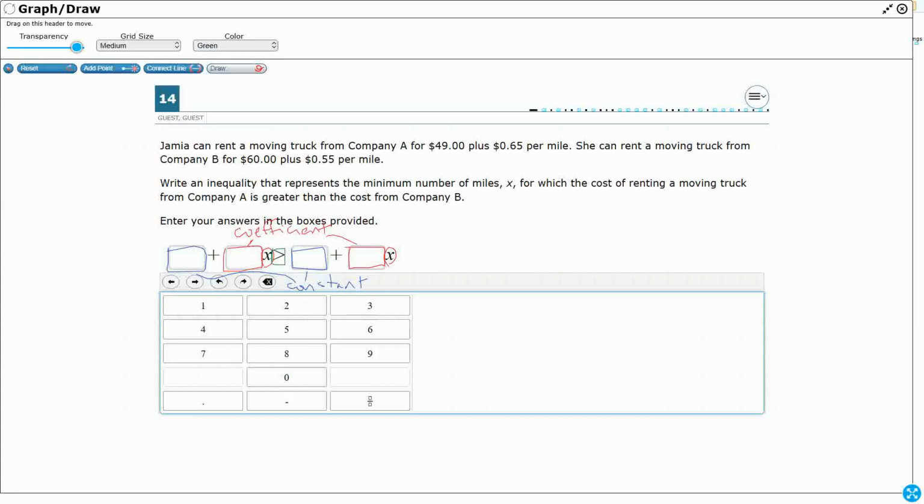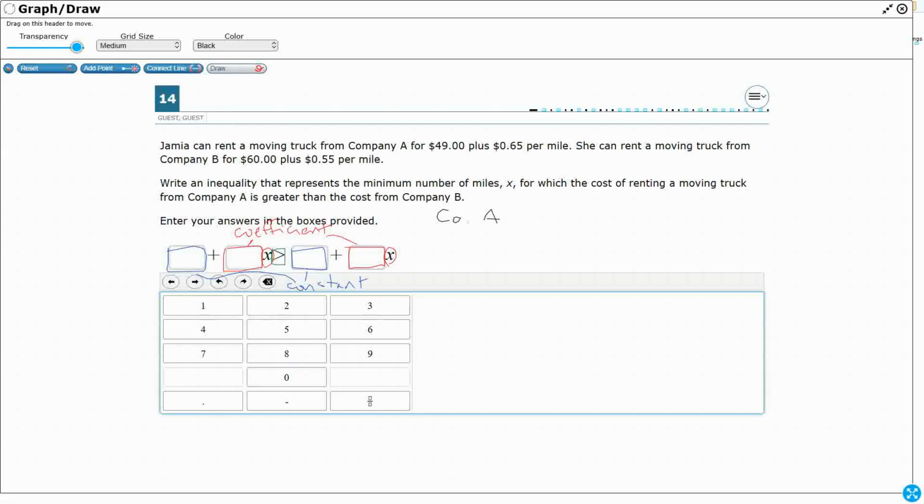We can't change that. All right, so Jamia can rent a moving truck from company A for $49 plus 65 cents a mile. Company A, we can write just like they've got it right here.